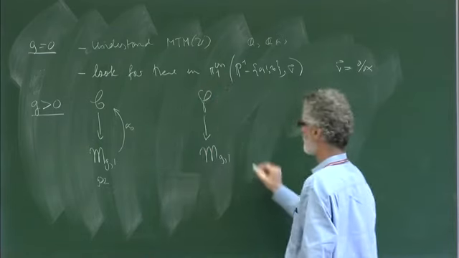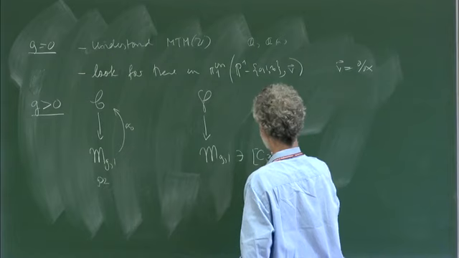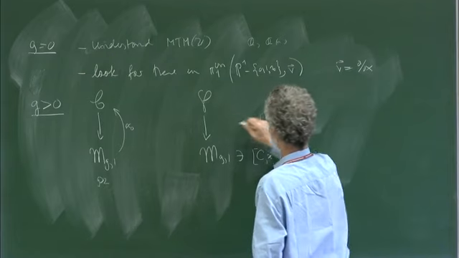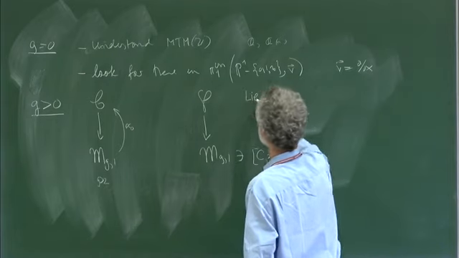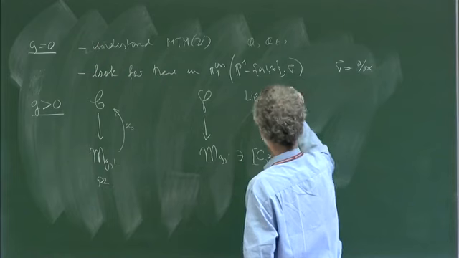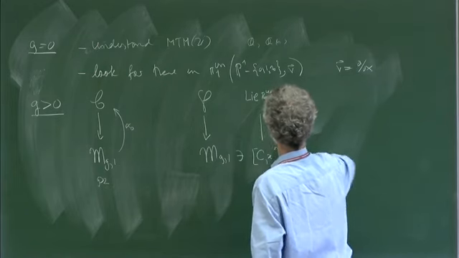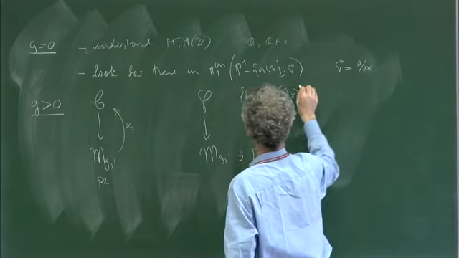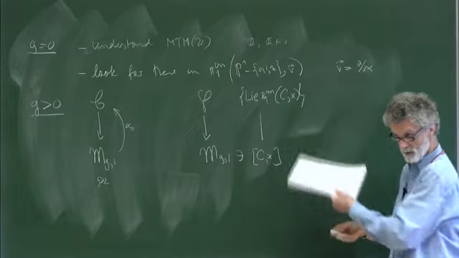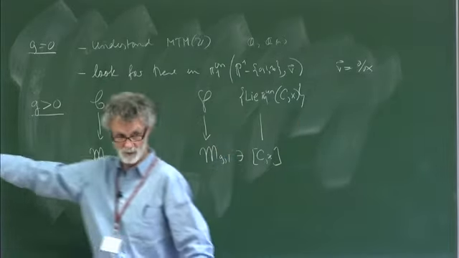This is a local system. And over the point C, x, what's the fiber going to be? There are various things you could take, but let's take the Lie algebra of pi_1 unipotent of C, x. These form a local system, and all the graded quotients are local systems of this form.